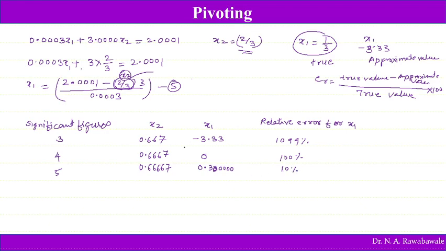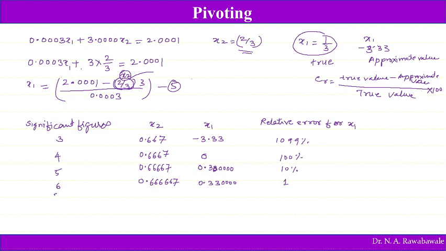And if we take it up to 6 significant figures, that is, the x2 value as 0.666667, then the value of x1 is going to be 0.33, and this error reduces to 1%.